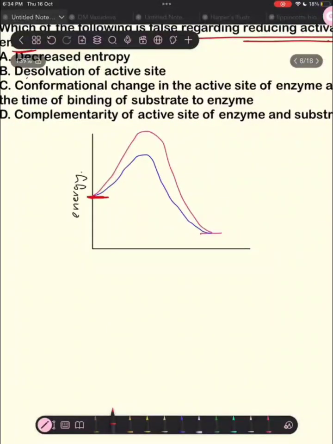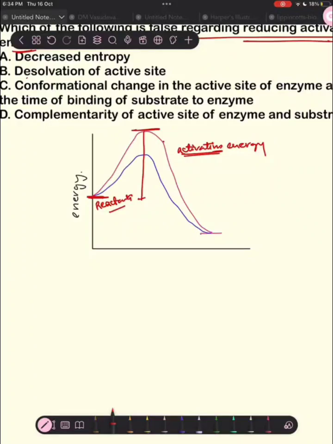So from this energy, the reactants should go to a higher energy level. This is the higher energy level that they are reaching. This difference between the energy levels is called the activation energy. So why is it called an activation energy? Activation, what is being activated? The reactants are going to be activated.